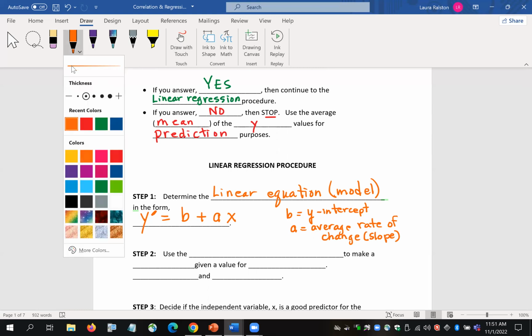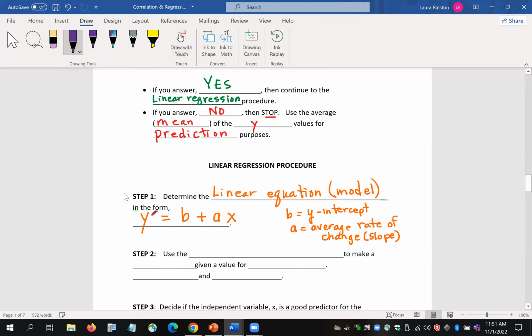We use that little tick mark, this Y prime, as a way to indicate that we statistically created the model, that we used a data set with 5, 10, 15 pairs of data.